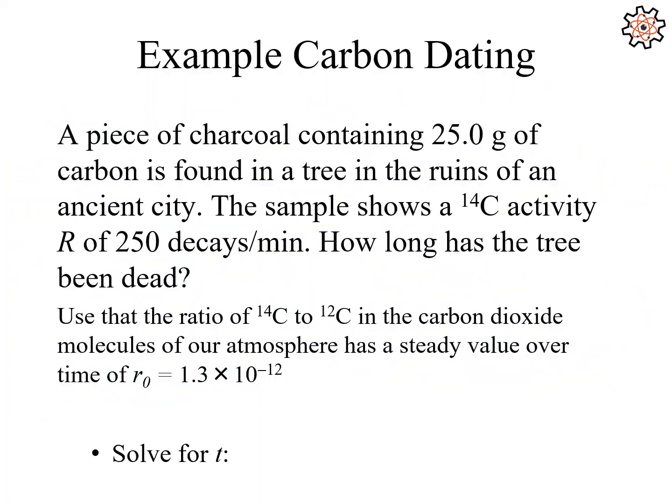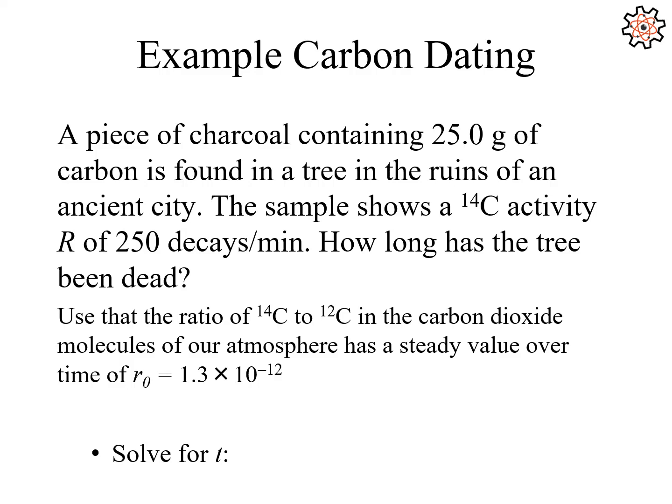Let's look at an example of carbon dating. We've got a 25-gram piece of carbon found in ruins. It's showing a decay rate of 250 decays a minute. And we're asked how long the tree has been dead. We can use that ratio of carbon-14 to carbon-12, R0 equals 1.3 times 10 to the minus 12, for this.